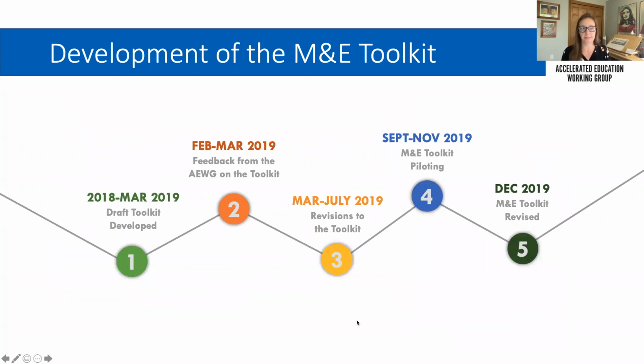The toolkit was developed through an extensive and iterative process of consultation with M&E specialists, local and international NGOs, and bilateral and multilateral agencies. It was first drafted in late 2018 to the beginning of 2019, and then was followed by a really thorough review of existing indicators required by donors and policymakers, as well as theories of change and monitoring and evaluation plans of AEWG member organizations.